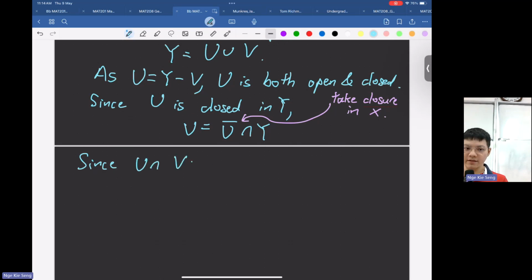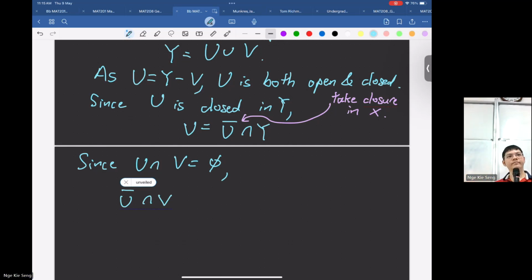U intersect V is empty, okay, this is by definition, we can look at what is U bar intersect V. What is U bar intersect V here? Yeah, why?